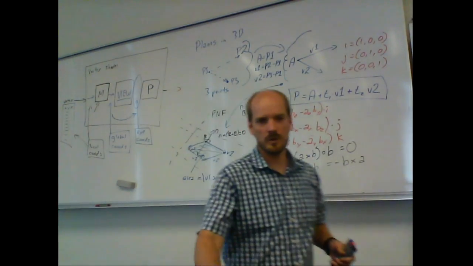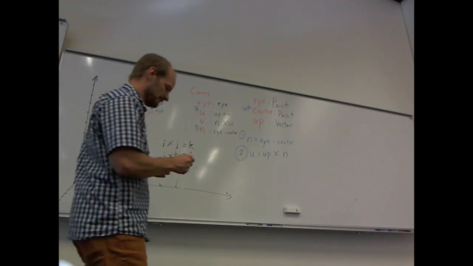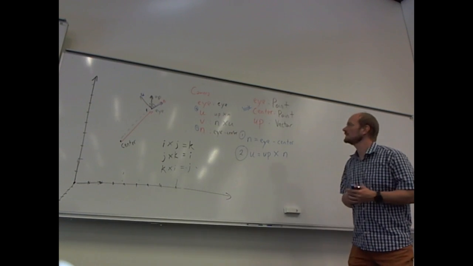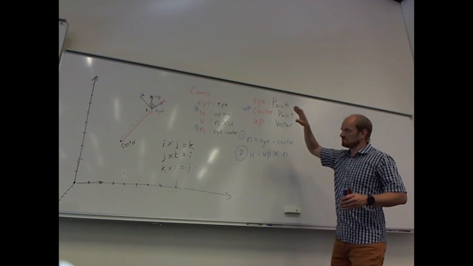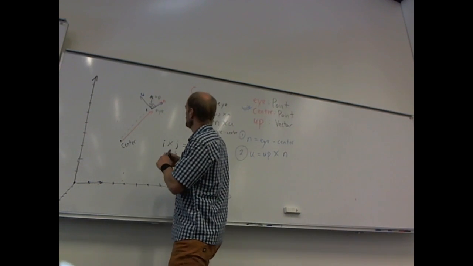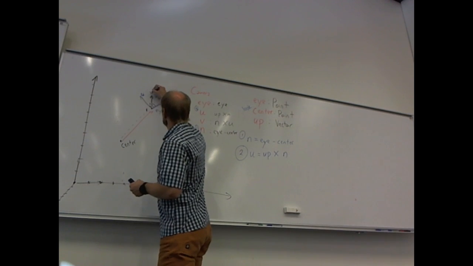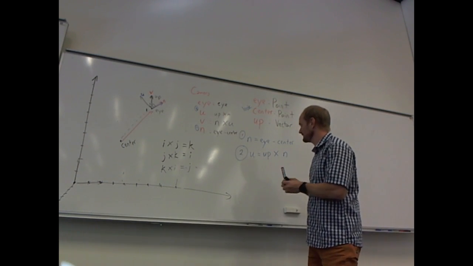But right now, we're using it for a different purpose. So I'd say at this point, we have U, and V is n cross U. So that's our step 3.